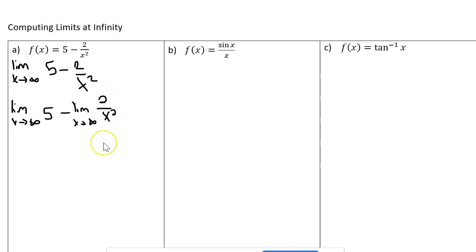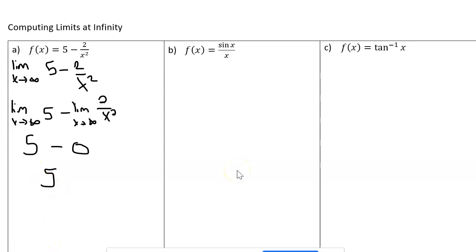We should be familiar with the rational function 2 over x squared. It has a horizontal asymptote at 0. And so basically we have the limit 5 minus the limit 0, and the overall limit is 5.